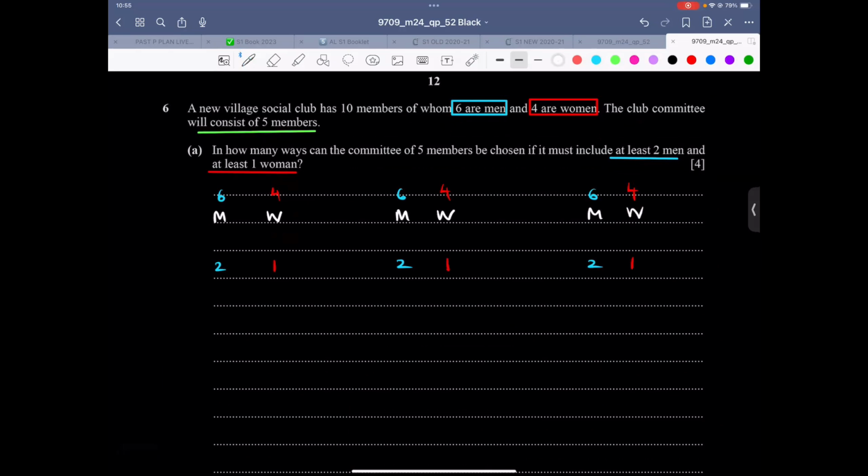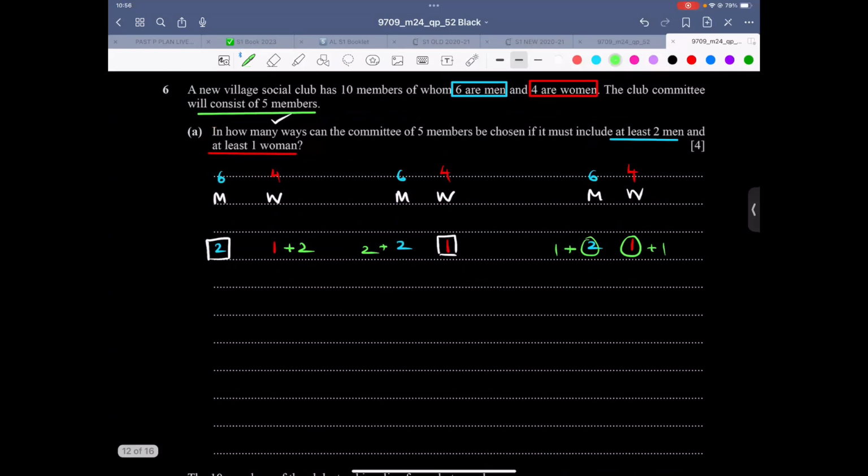Now, if I keep this fixed, and I need a total of 5, that means I need to add 2 more, and that could be the woman. Similarly, if I keep the number of women fixed at 1, I need a total of 5, so those 2 could be from the men. Similarly, if I change these, because there is a difference of 2, let me add 1 over here, and 1 over here.